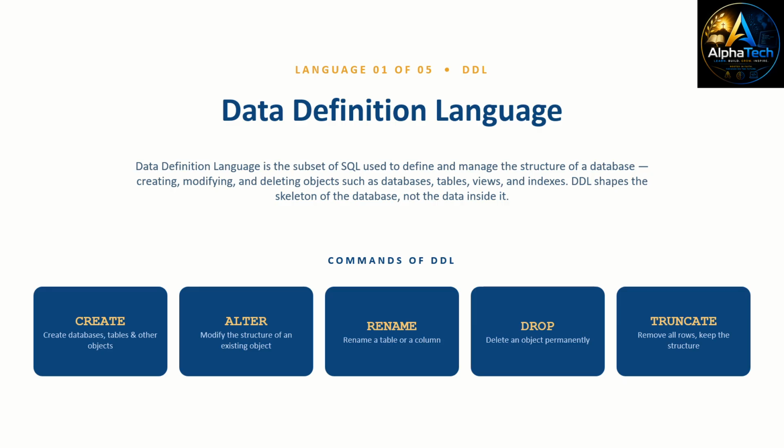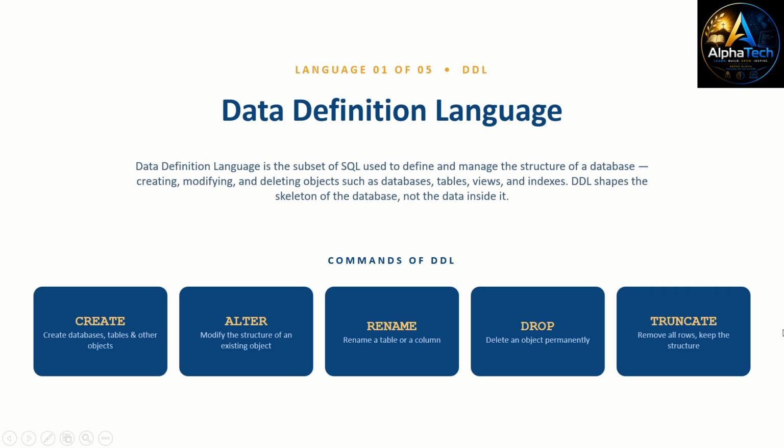The key thing is that it only helps us shape the skeleton of our database, but not the data inside it. Which means we will have a table, and DDL helps us define the name of the table, the column names, and the structure of the table, but not what the data should be inside the table or the database. Fine. Hope you got a bit of clarity on what data definition language is.